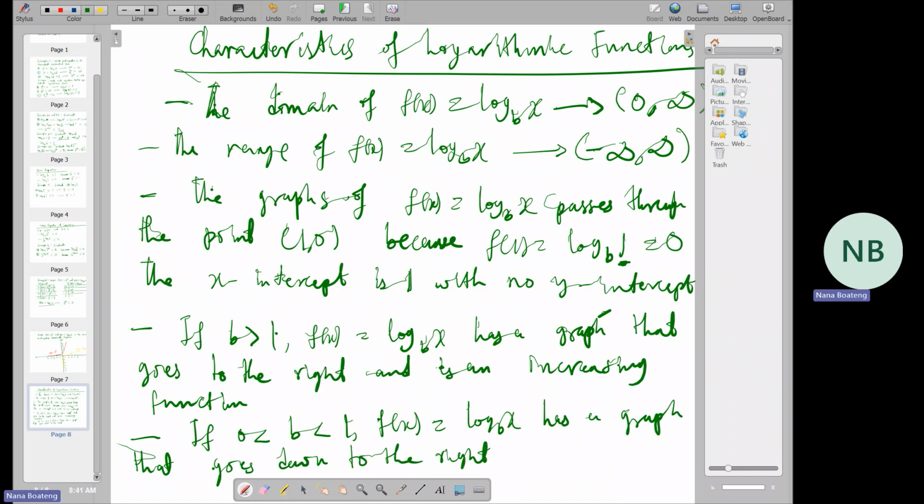That goes down to the right, and this is a decreasing function. And also the last point is on asymptotes.